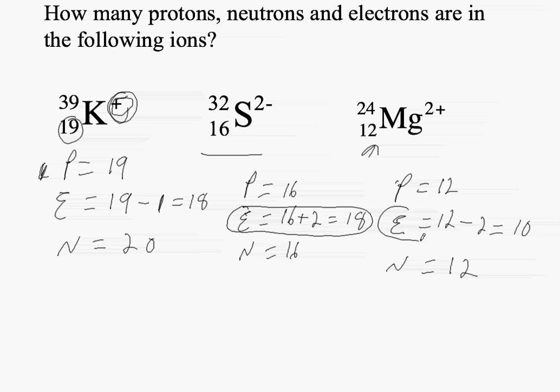So again, the overall charge is +2, which means it lost 2 electrons. Because it lost 2 electrons, the total number of electrons is going to be 10. Okay, let's look at something a little bit more complicated.